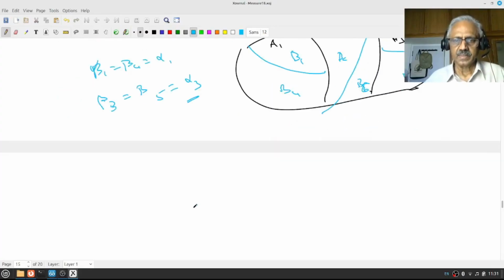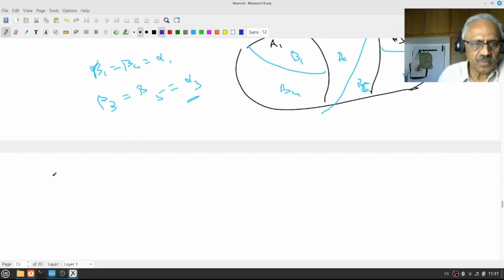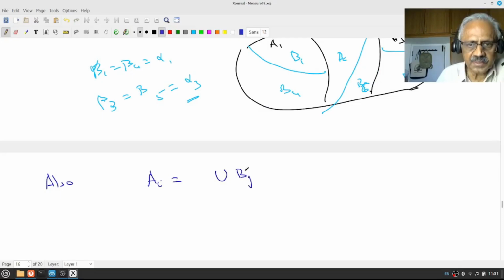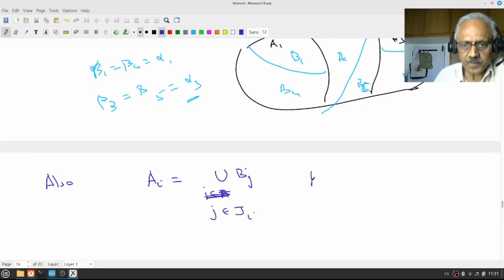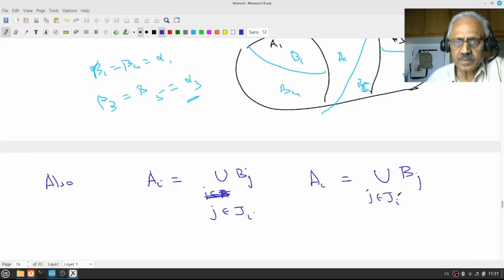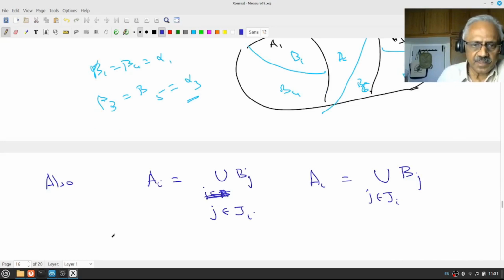Right? And the second thing I want to notice also, what is my A_i? I claim A_i is nothing other than the union of B_j, j running over J_i. Is that clear? Why? If x belongs to A_i, what does it mean?